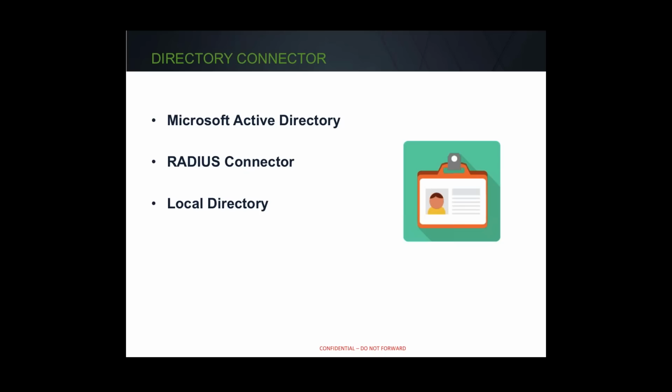Of course, Directory Connector isn't going to be of use to you if you do not use Microsoft Active Directory or Radius Connector, but there is a third option within the Untangle interface itself, which is called our local directory on the box. So we'll touch on each of those areas. Even if you don't use AD or Radius, you can still benefit from Directory Connector.